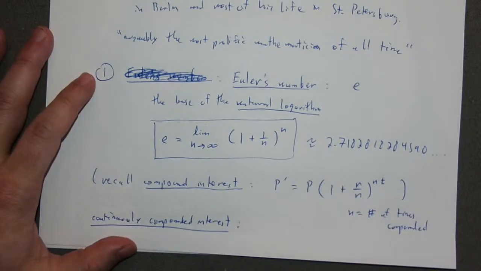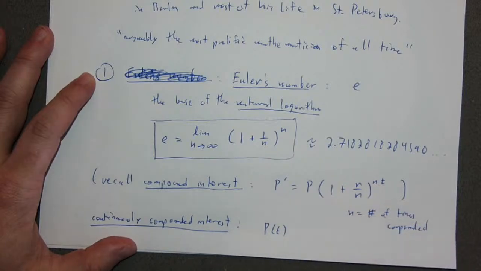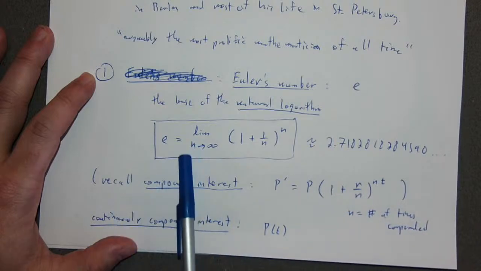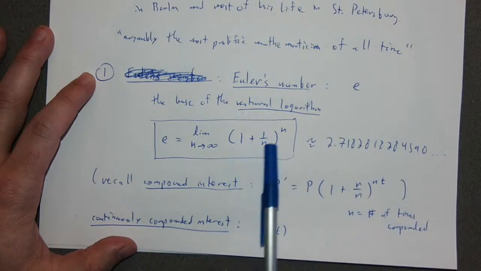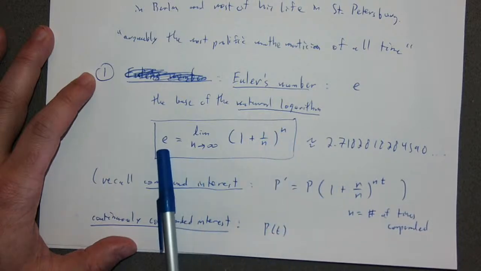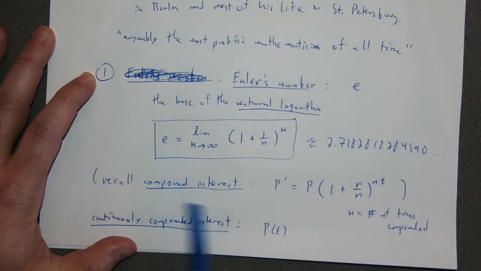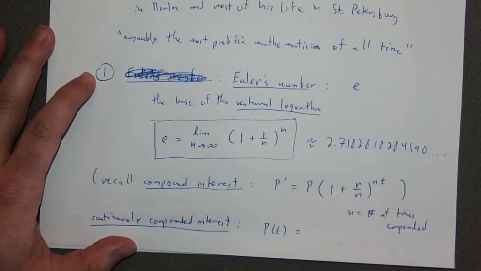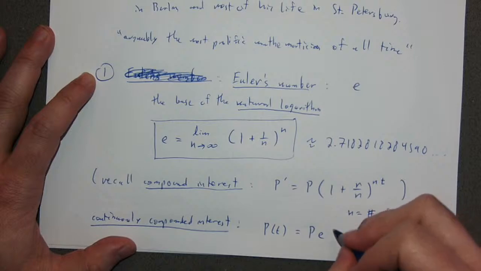Well, in that instance, to compute interest, I take a limit as n goes to infinity. But the limit as n goes to infinity of this quantity, (1 plus 1 over n) to the n, is e. And so this quantity becomes P times e to the rt.